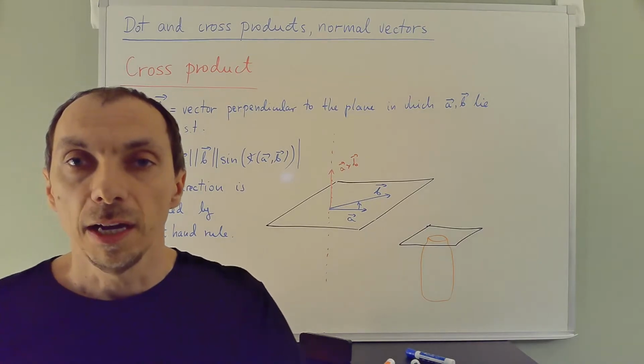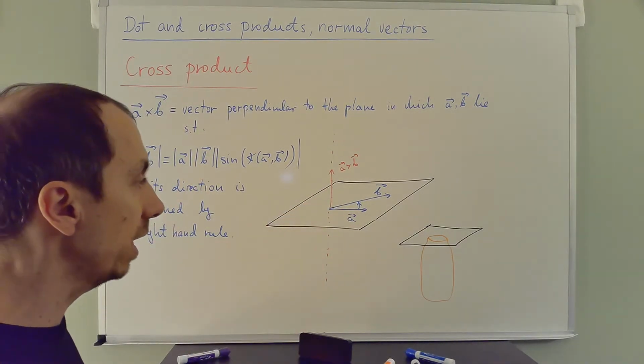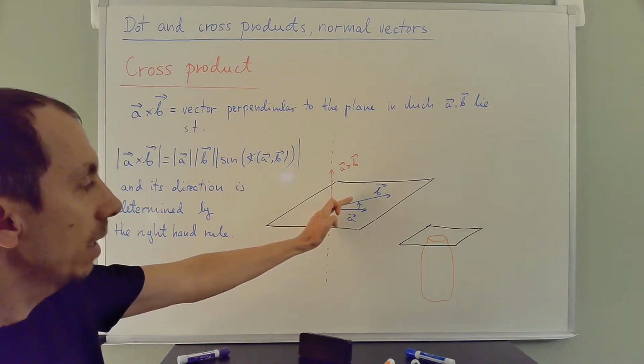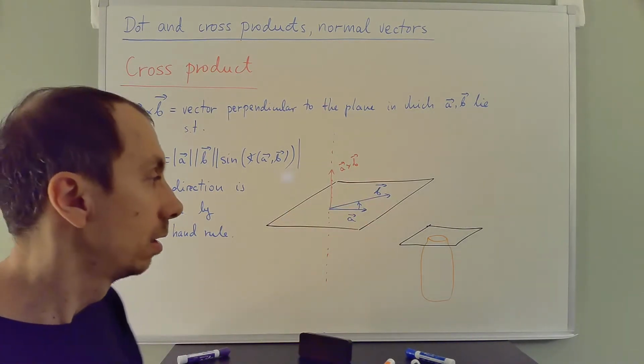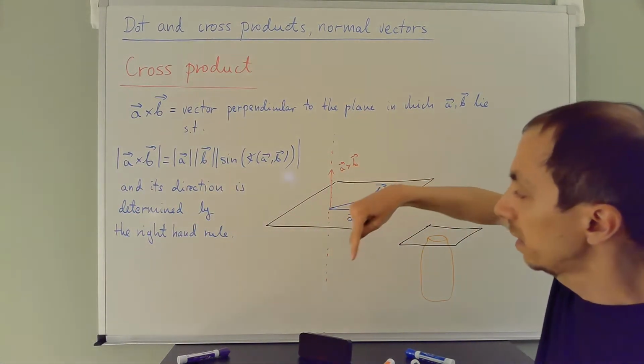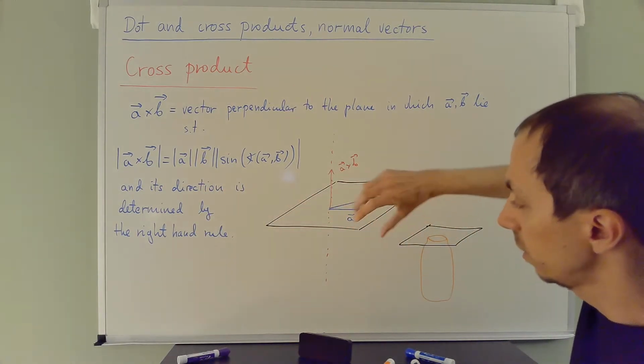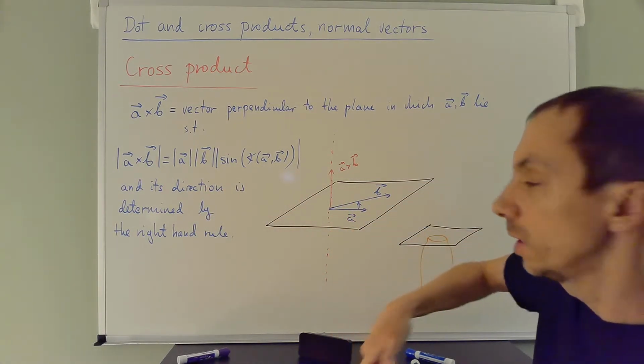Note that if I was trying to compute the cross product of B with A, so B cross A, then the angle should go the other direction. So that means I'm supposed to be now rotating it like this. If you rotate this lid like this, you see that it actually goes down. You screw it in.